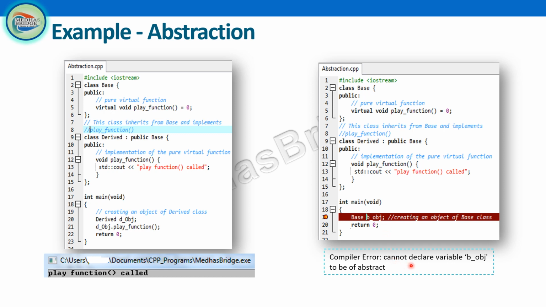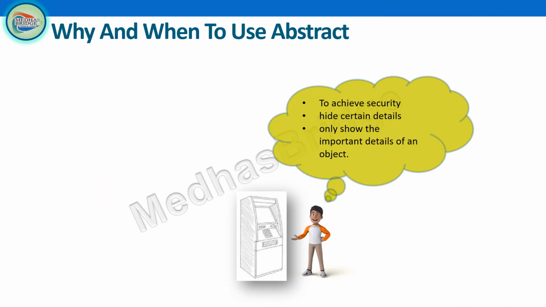Cannot declare an object of an abstract class, right? Having said that, one question reminds me: why and when to use an abstract class? The answer would be to achieve security, hide certain details, and only show the important details of an object.